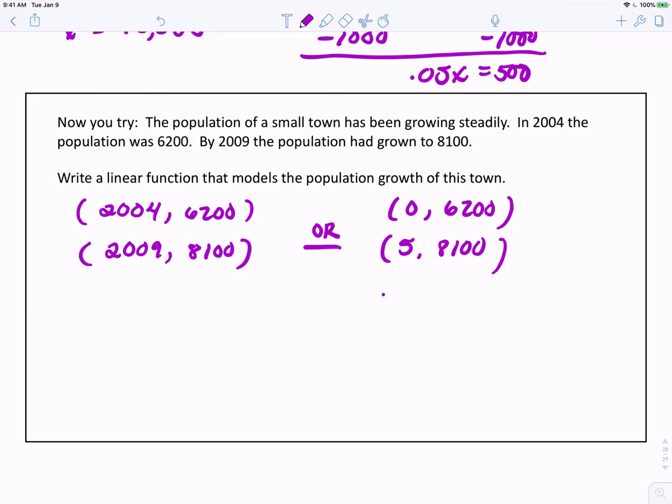But then if you do it this way, x is going to represent the number of years after the year 2004. And in the first case, x is just the year. All right, why don't you give that a try?